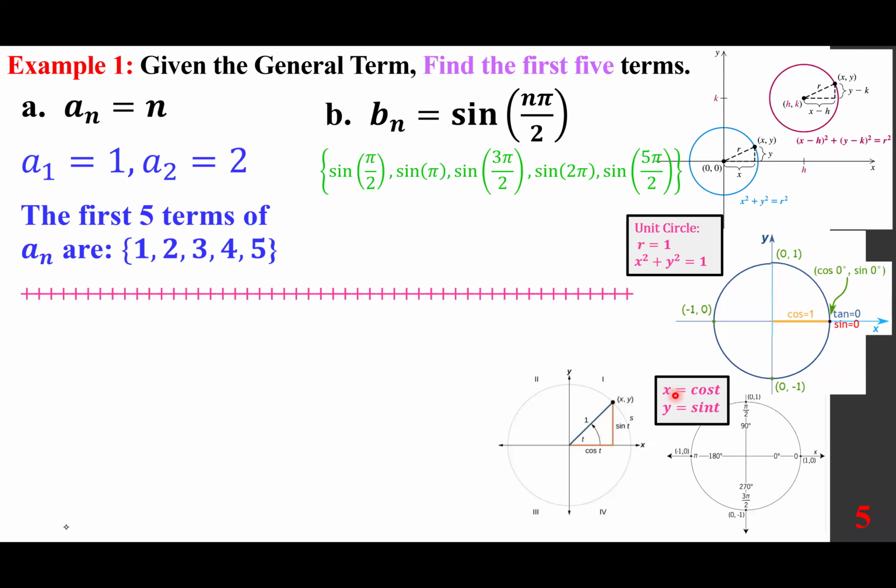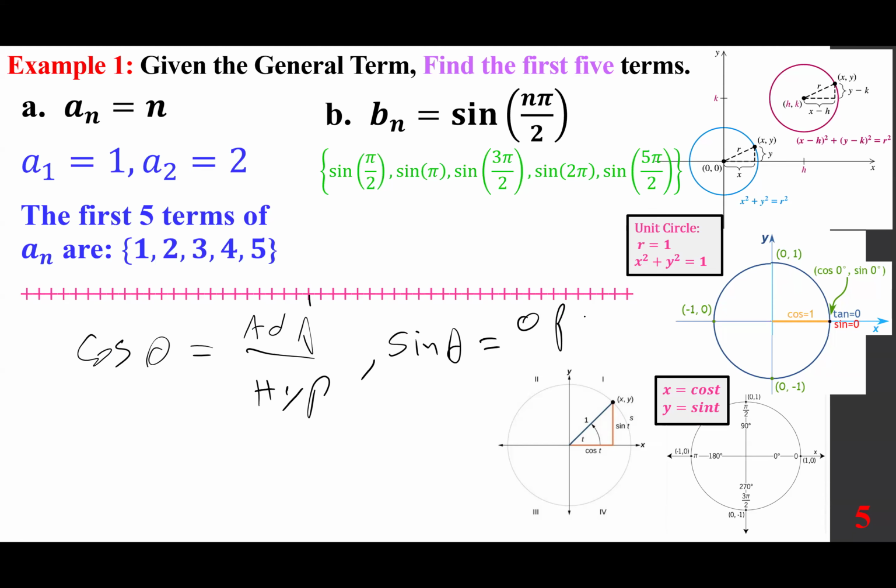The reason is, cosine of theta in general is the adjacent over the hypotenuse, whereas sine in general is the opposite over the hypotenuse.